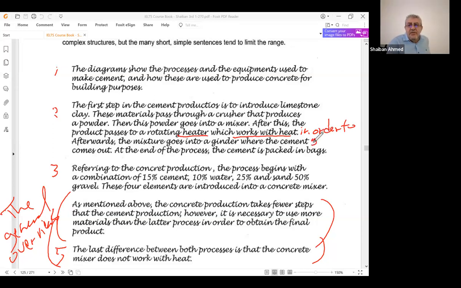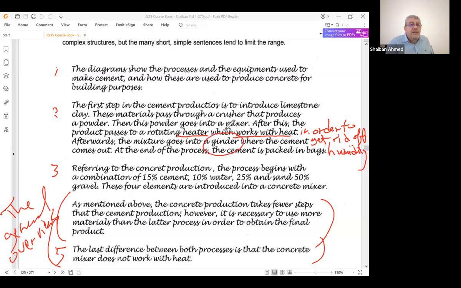Yes, to get rid of humidity. Or to get rid of extra water, or to extract water, anyway, or to make it drier. So you can just add something.